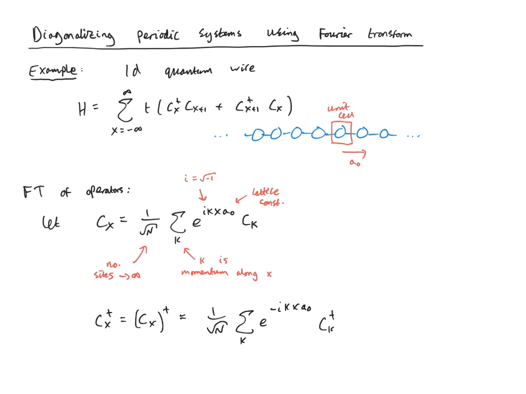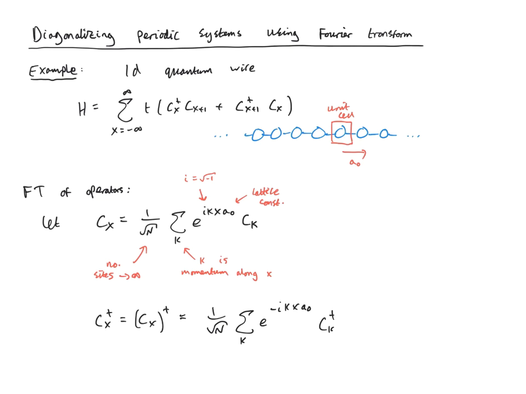And the minus in there is coming because when I take the dagger, I have to do the complex conjugate, which turns the i into minus i.